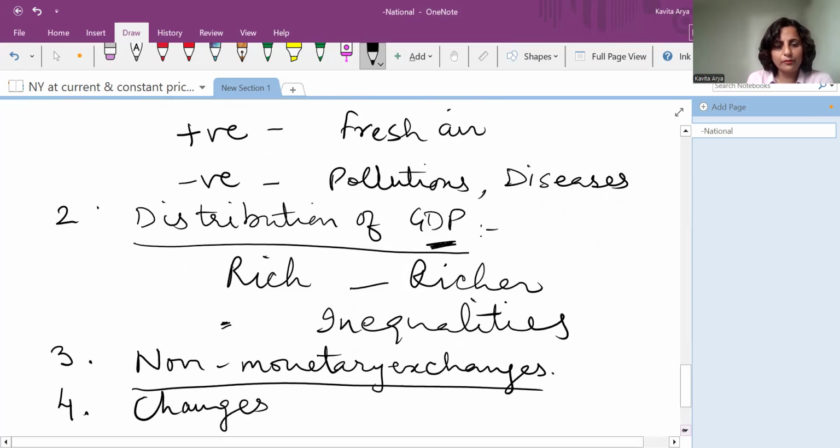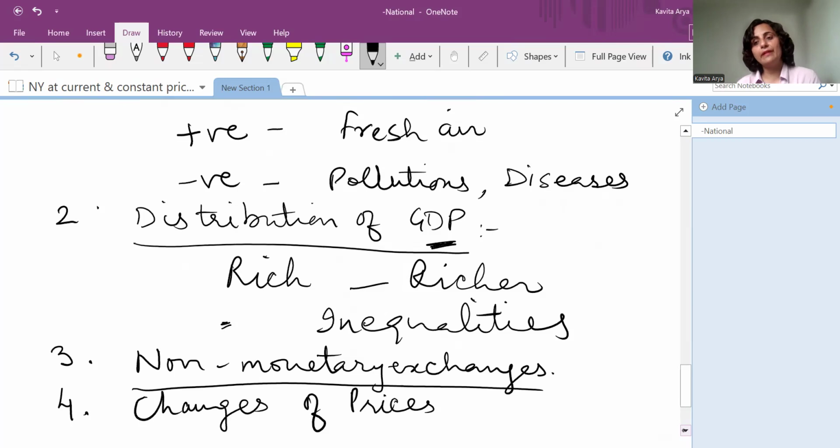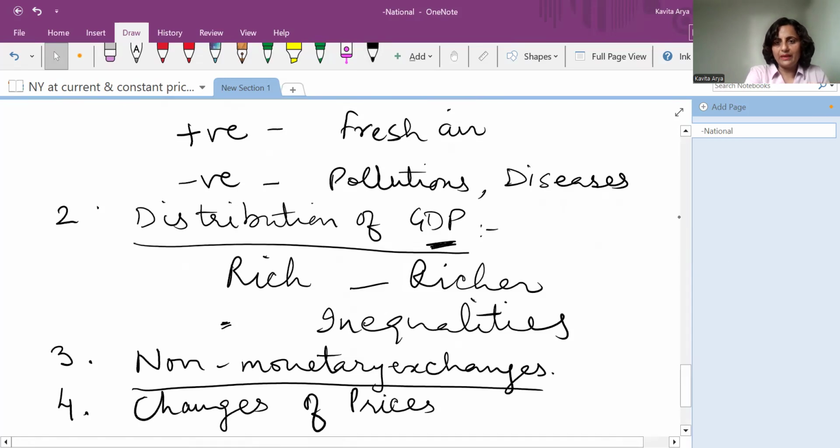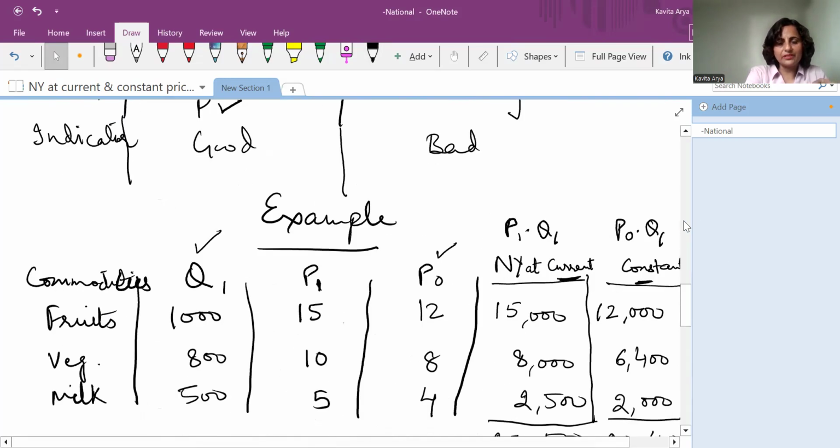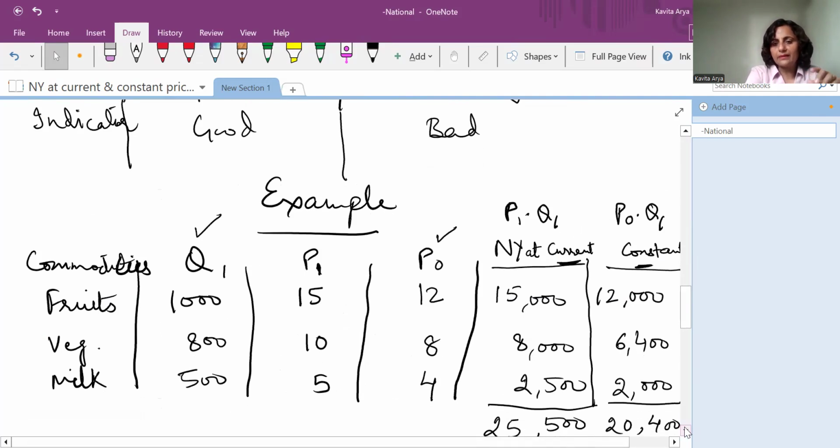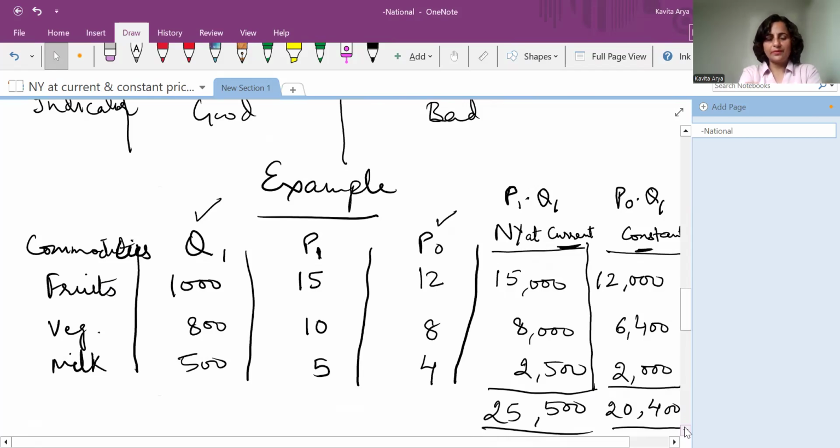And then we have the changes in prices. A moment back, we talked about what happens when the prices change. The inflation rises in the economy, and a myth is created that economic growth has happened. Let's refer to the tabular example which I showed previously: for the same quantity, one year it is showing that the national income is 25,500, but the other year it says the national income is 20,400.